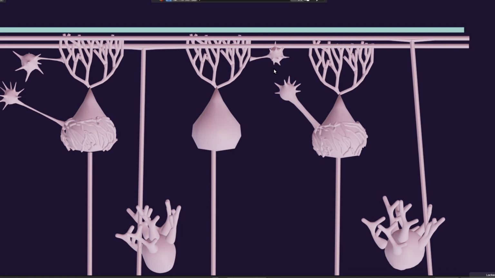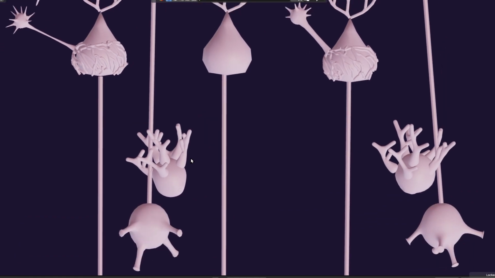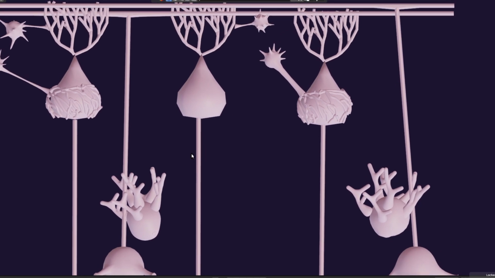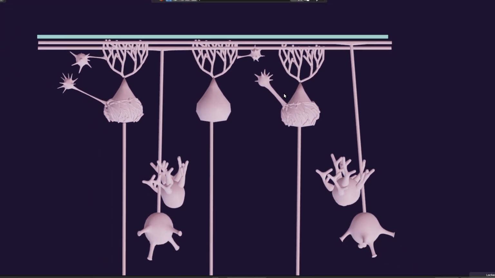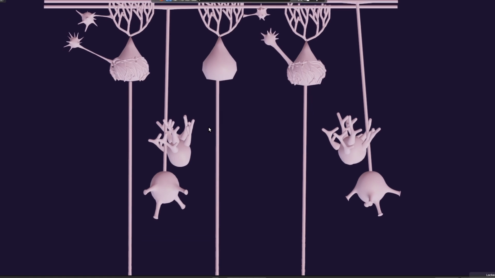Both of these cells are inhibitory, and of course Golgi cells are also inhibitory. All these three types of cells are inhibitory. But basket cells inhibit at the level of the soma, the cell body, and stellate cells inhibit at the level of dendrites. So basket cells are more powerful inhibitory cells, you can say, right?